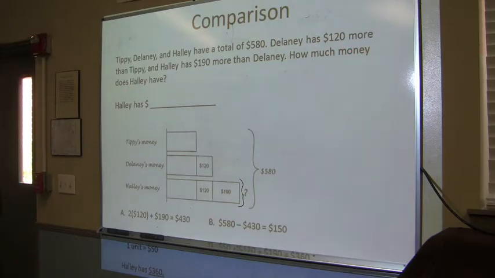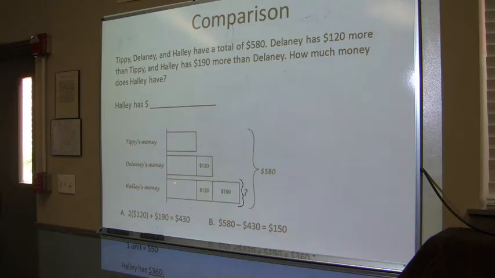All right? So now let's start working through the problems. We're going to be taking that 580 that we know, and we're taking off, or actually summing up here, the 120, there's two of them, plus the 190, that becomes the $430 identified here. We're taking that away from the 580, which gives me 150.